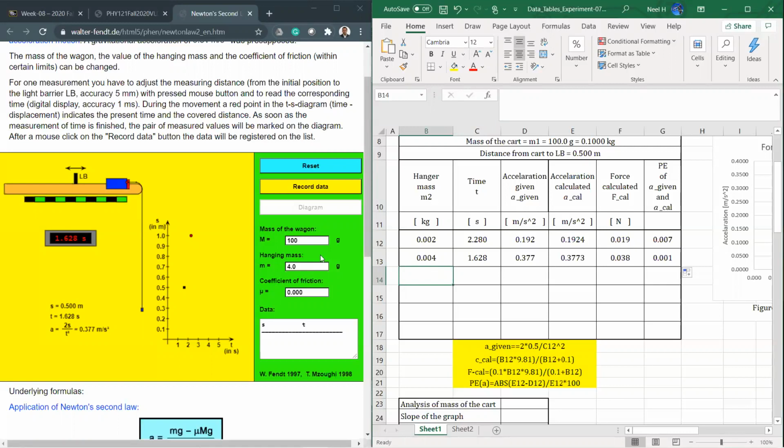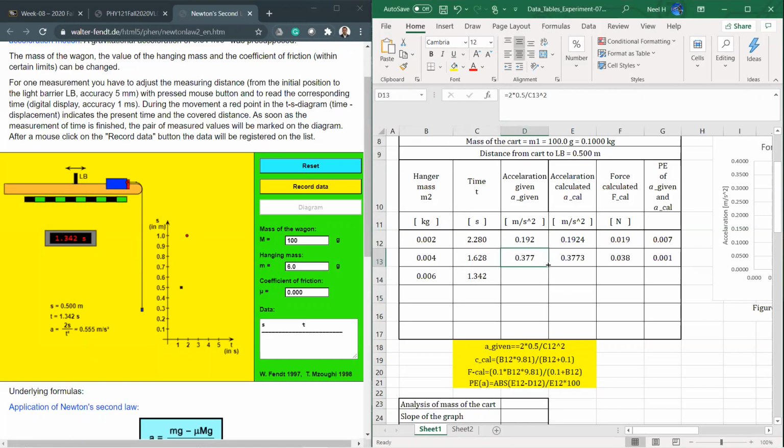Okay, then let's continue. All we need to do is click reset, increase the hanger mass to 6 grams, and let it run. The hanger mass is 0.006, and the time is about 1.342. For all the rest we do the calculation instead of bringing in the number for acceleration.